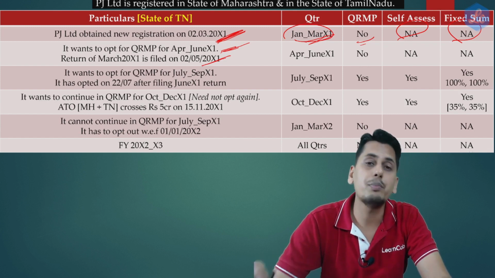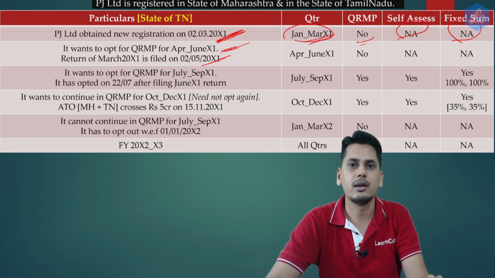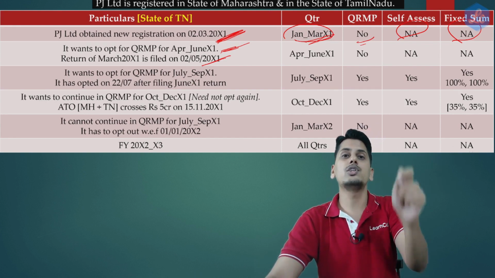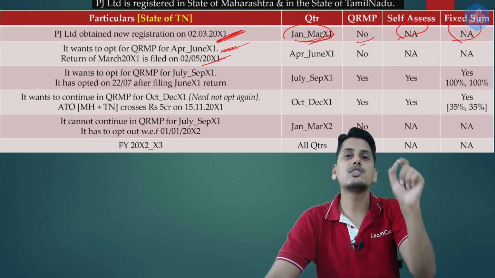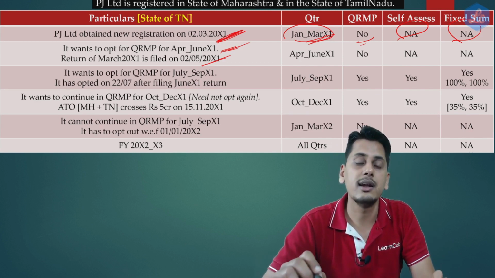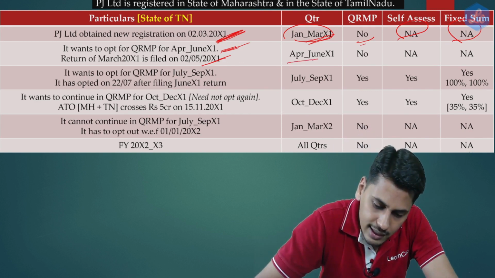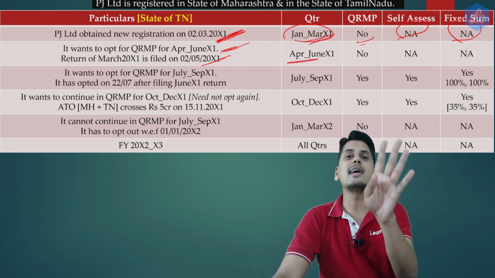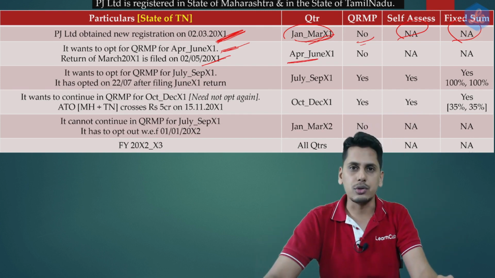There was a condition prior to you opting for QRMP scheme. The condition was, on the date on which you want to opt for this scheme, the returns as due for the preceding tax period need to be filed. Now friends, 30th of April is the last date available for him to choose QRMP scheme for the quarter April to June.